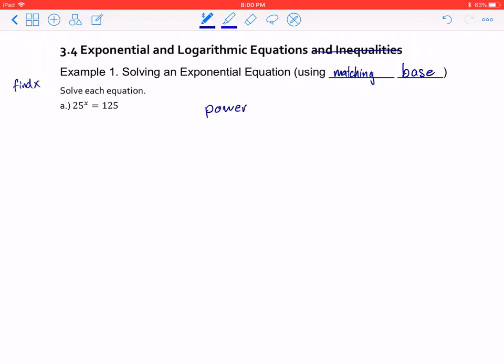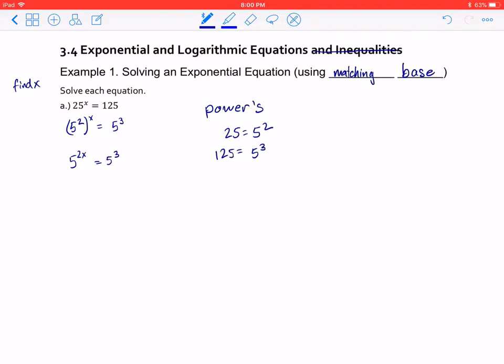So again, these exponential functions are all related to powers. 25 is just 5 squared, and 125 is just 5 cubed. So let's make a little switch. 25 is 5 squared, but that's still to the x, and 125 is 5 cubed. Now, a power to a power means we have 5 to the 2x is equal to 5 to the third.